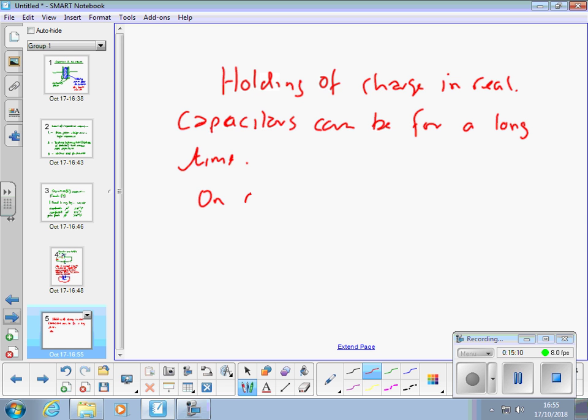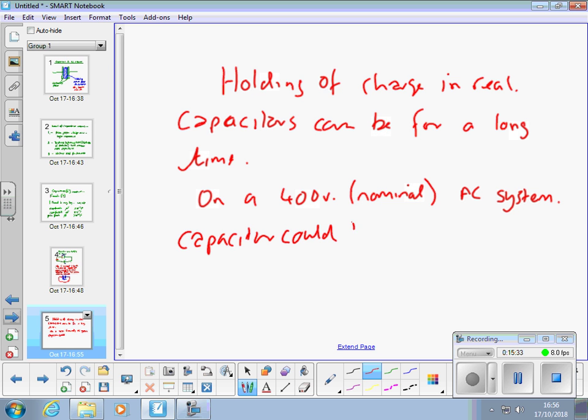On a 400 volt nominal AC system, a capacitor could be charged to approximately 600 volts.